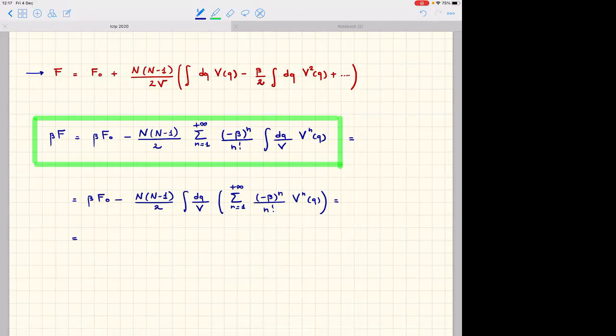It's just an exponential. So this is beta F naught minus N times N minus 1 divided by 2, integral dq over V of e to the minus beta v(q), minus 1. The minus 1 counts because this summation starts from 1 and not from 0. So this is my free energy. Okay?